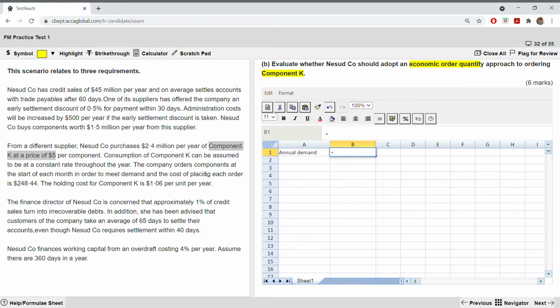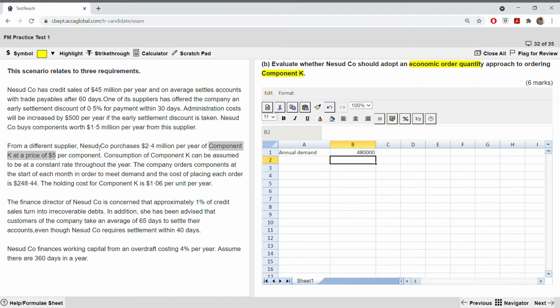If you see, they purchased 2.4 million at a price 5 per component. So that means it will be 2.4 million divided by 5. It will be 480,000 units per year.